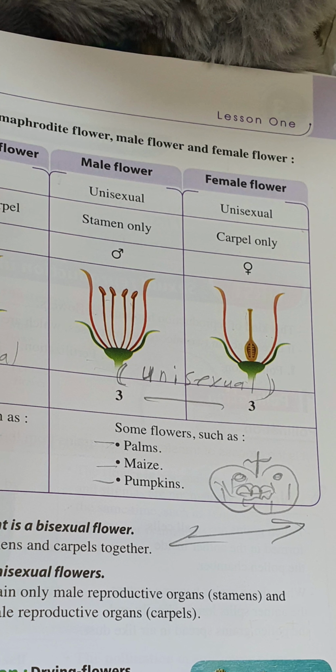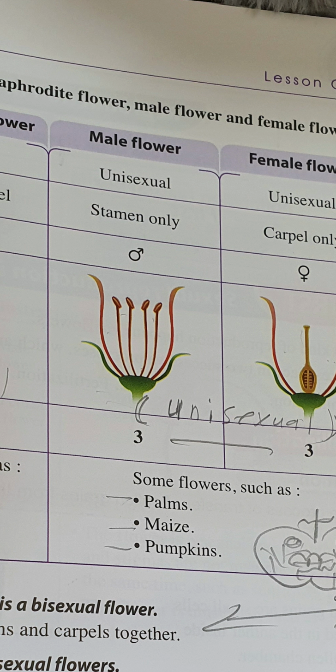The male flower is a unisexual flower, and we give it a symbol like this, a circle with an arrow. It has 3 whorls only: calyx, corolla, and androecium. It doesn't have gynoecium. This is a male flower.